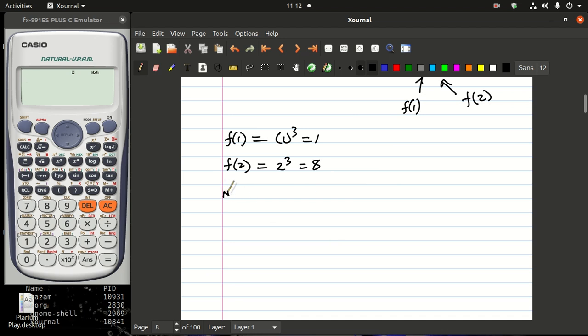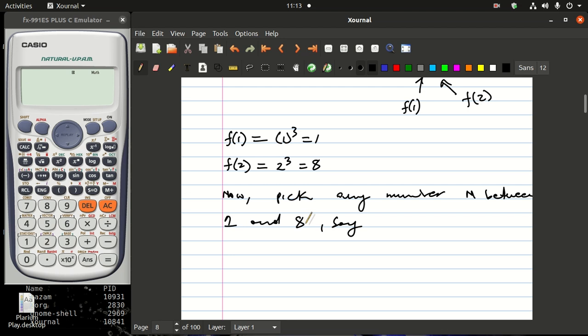Now we pick any number n between 1 and 8.